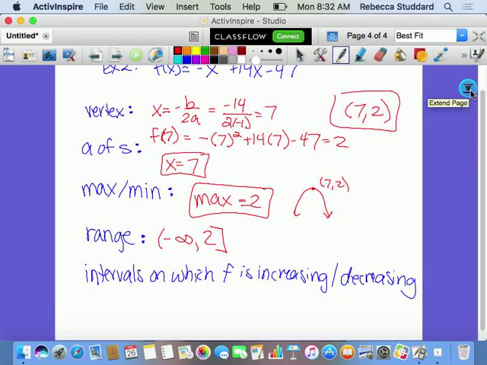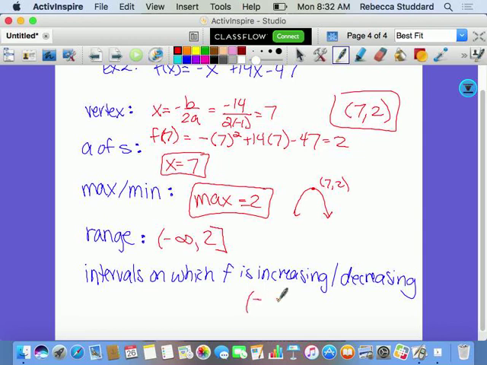All right, intervals on which f is increasing. So if you look at this function, it's increasing from here to the vertex, and then to the right side it's decreasing. So when we're making our intervals of increasing or decreasing, which variable do we use, x or y, to make the intervals? x. Okay, so this one's going to be negative infinity to 7.